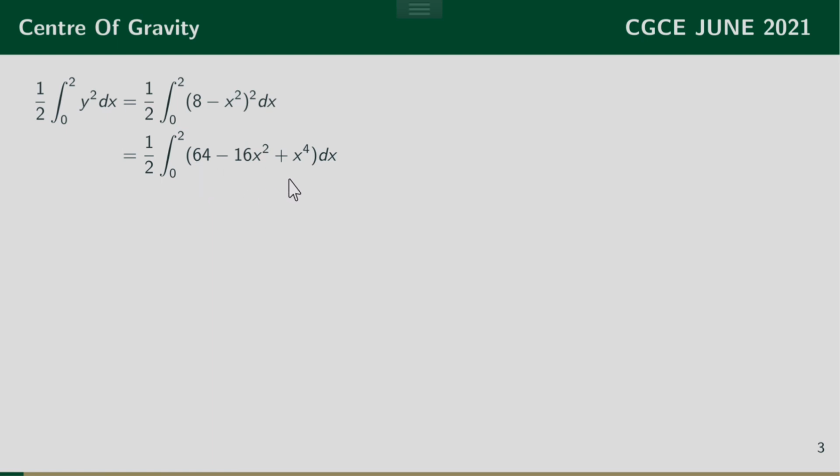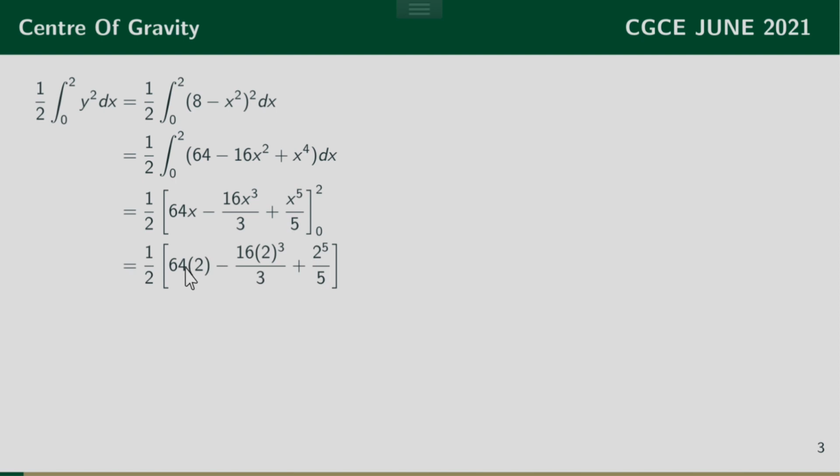Now, integrating this, of course, is straightforward as well, because I'll be having 64x minus 16x cubed on 3 plus x raised to the power 5 divided by 5. Plugging in the limits, 64 times 2 minus 16 into 2 cubed on 3 plus 2 raised to the power 5 divided by 5. Evaluating all what we have here, I'll have a result of 688 divided by 15.